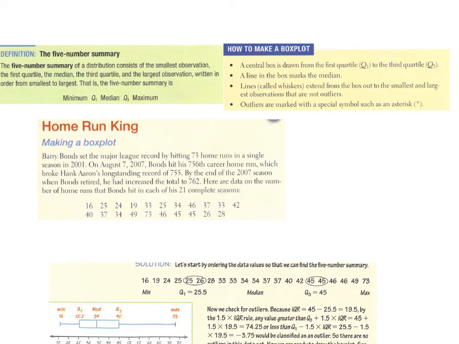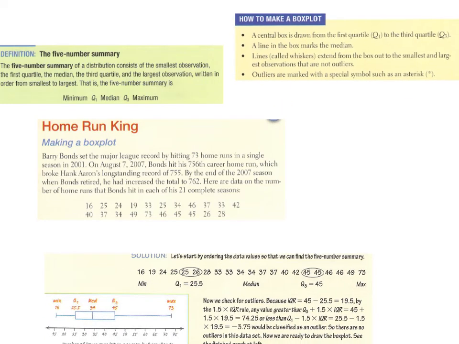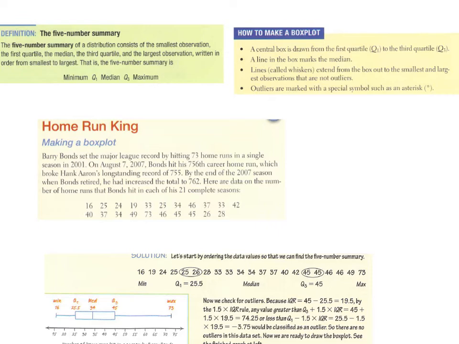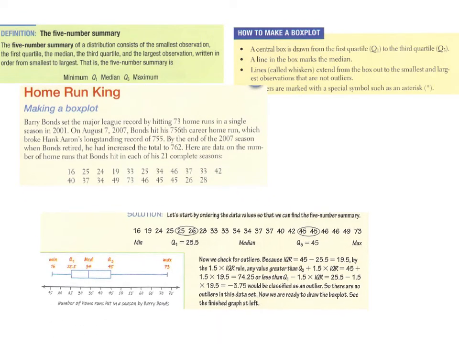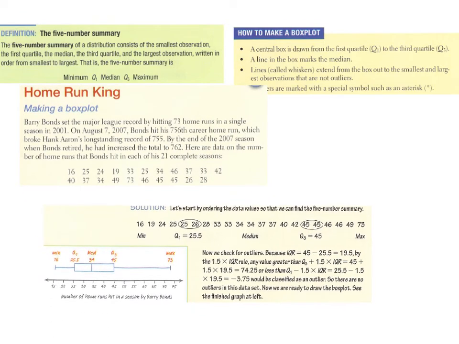The data set is already put in order for you, but we need to mark out our Q1 and our Q3 to be able to draw a box plot, and the minimums and maximums for our 5-number summary. So our minimum here is 16.